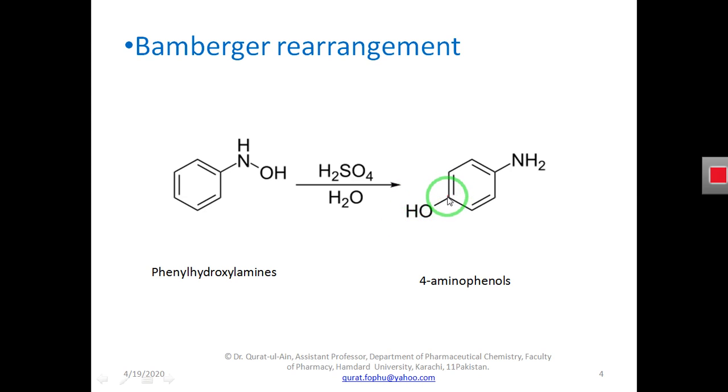So starting from the first position, where the hydroxyl group is attached, this carbon atom is the first position, so first, second, third, and fourth. At the fourth position, we find an amino group attached. So we will name this compound 4-aminophenol.